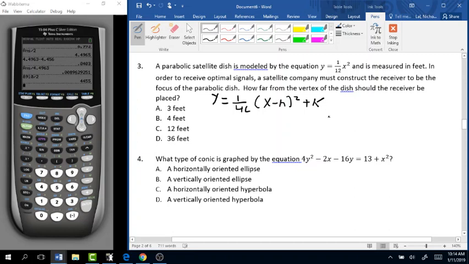Looking at this equation, we can rewrite it in standard form as y is equal to 1 over 12 times (x minus 0) squared plus 0. So our center is 0, 0. So (h, k) is going to be (0, 0).